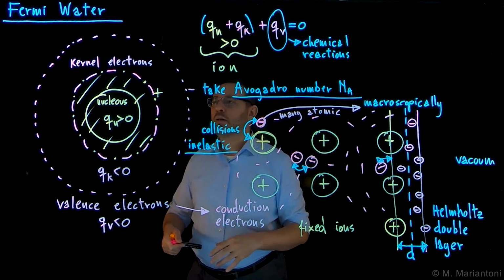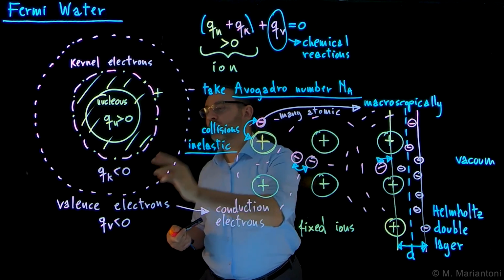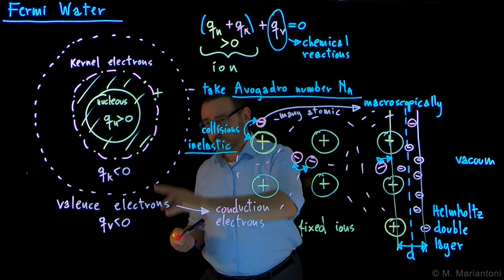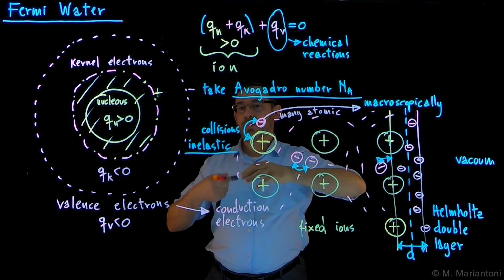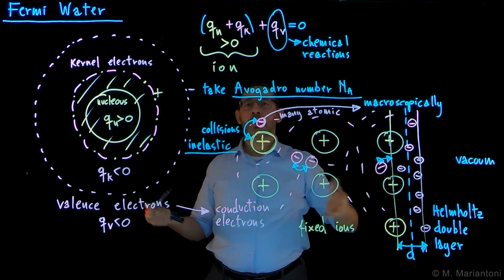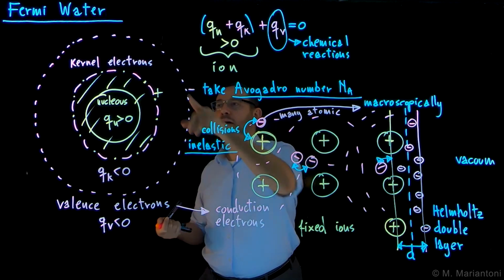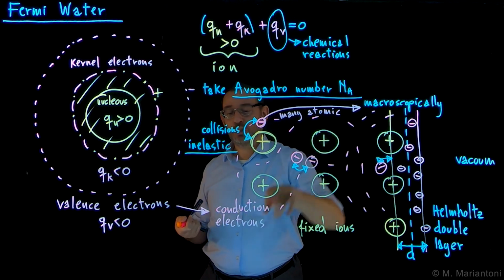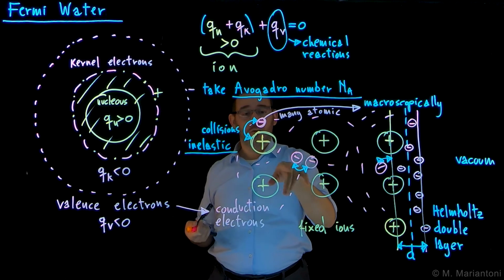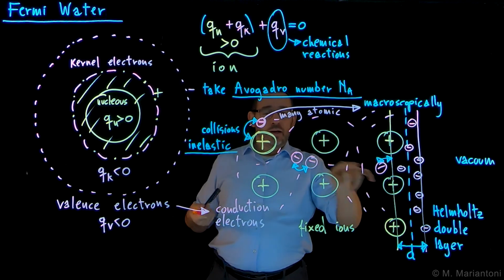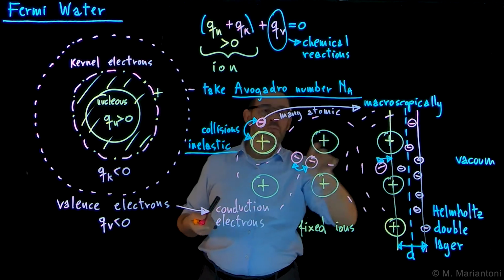Okay, so to recap, we started from a copper atom, which has a nucleus, kernel electrons, and valence electrons. The overall sum goes to 0. The valence electrons are those that participate in interactions with other atoms. If I take an Avogadro number of them and put them together, the glue which puts them together is due to these valence electrons, which then become conduction electrons, free to move macroscopically, bouncing around a layer of positive ions, which are fixed in their center of charge.